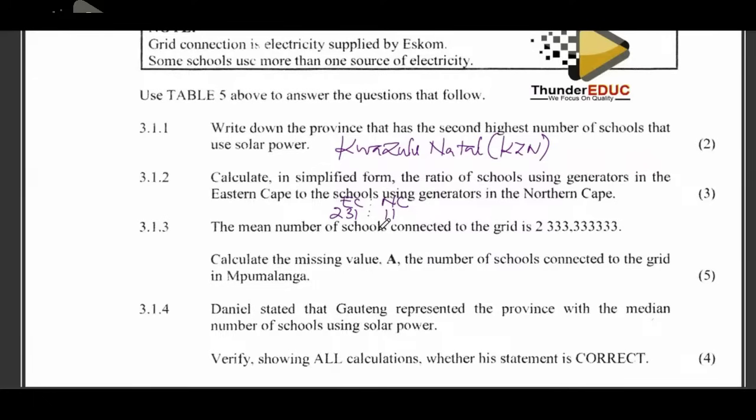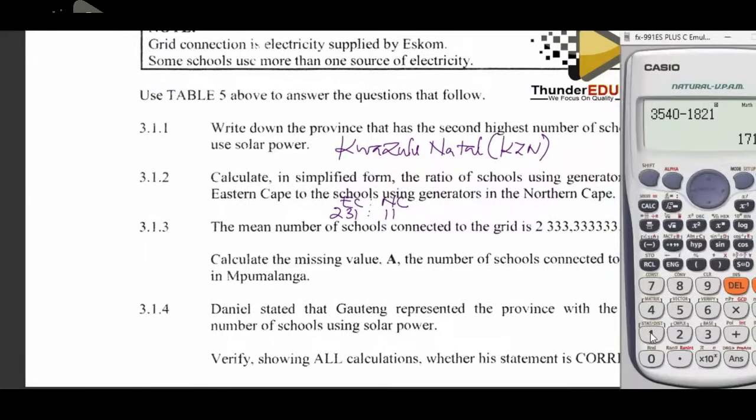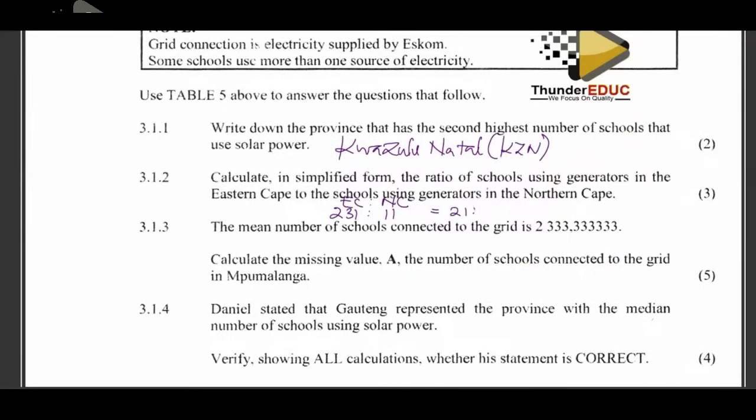Now, the other way of finding this, pick your calculator. Take the 11, then put it over 231. So now the 21 will go to the place of, and here we shall have 1. And the simplified form, that's done.